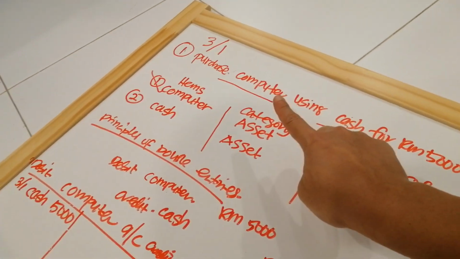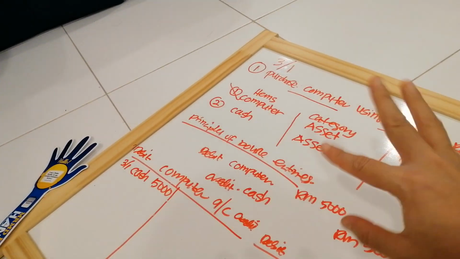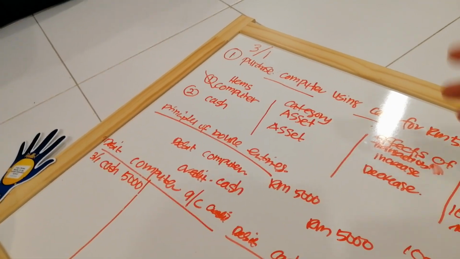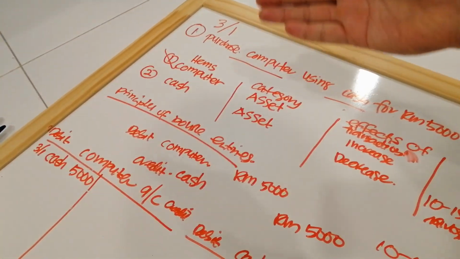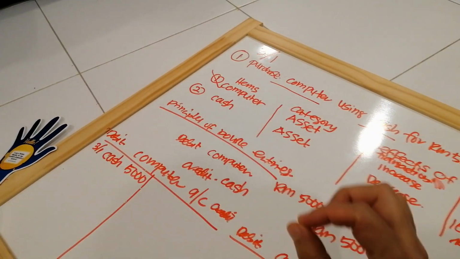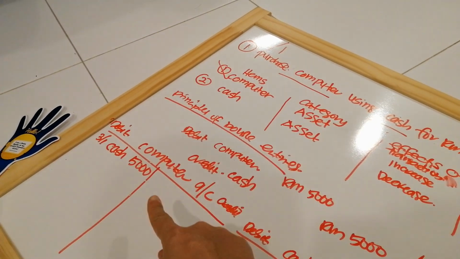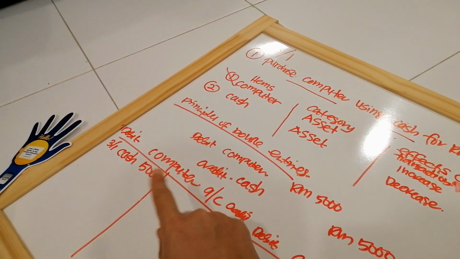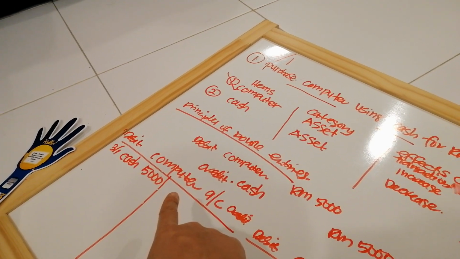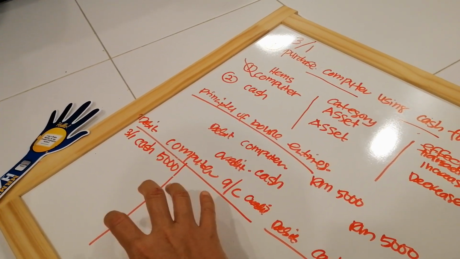If ada transaction lagi guna komputer lepas ni, second or third, let's say 10 January, the business buy another computer lagi. So, is it we need to open computer account lagi? No need. Bila you dah ada account tu, you just guna account yang sama.